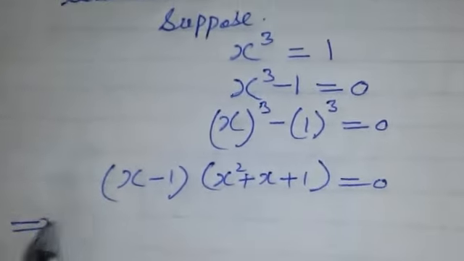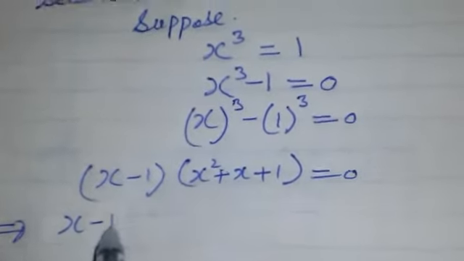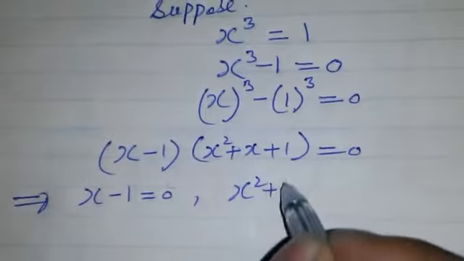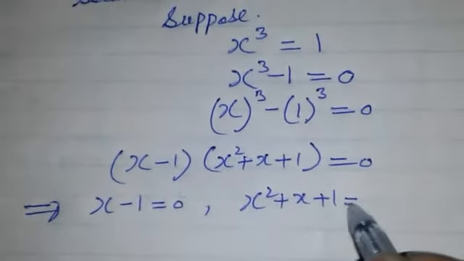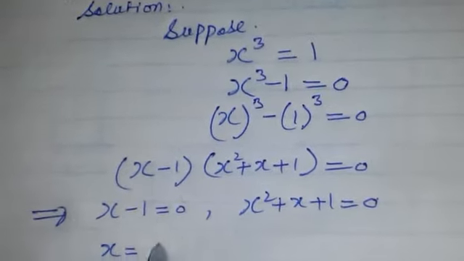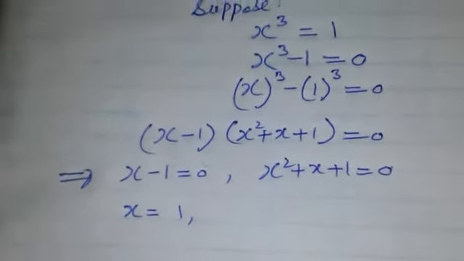This implies x minus 1 is equal to 0, or x square plus x plus 1 is equal to 0. From here we got x is equal to 1 is one root of unity.